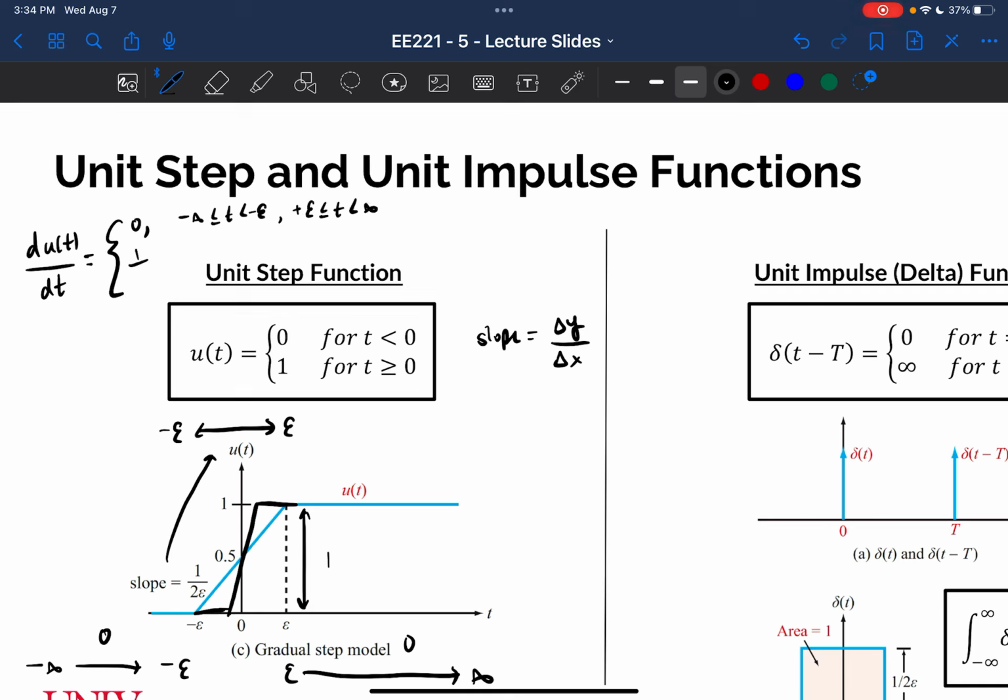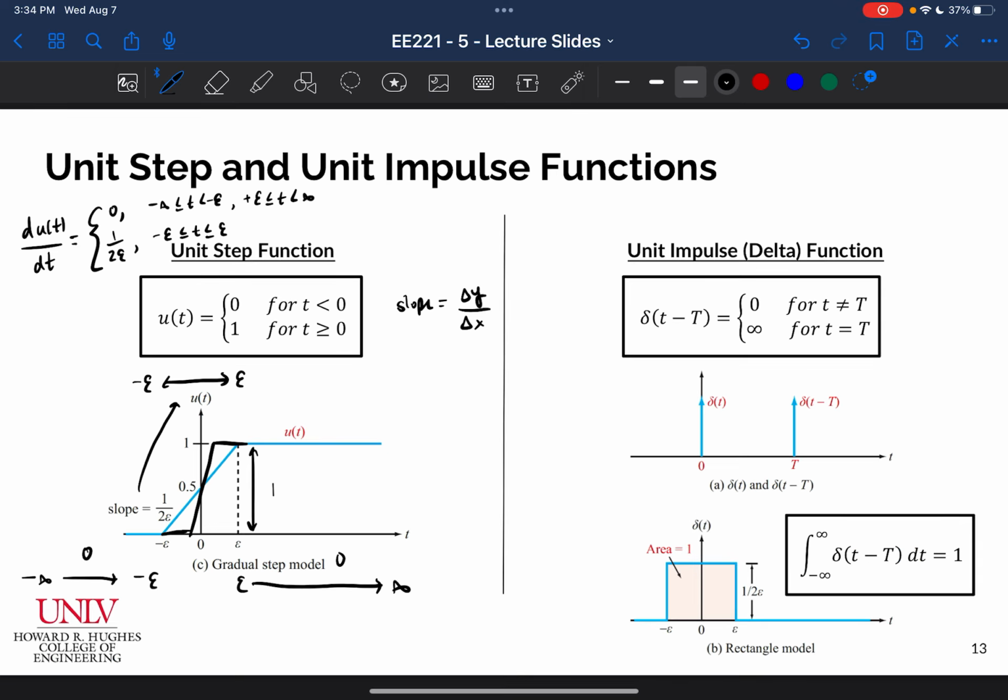And then it's going to be 1 over 2 epsilon from negative epsilon to epsilon. Well, what is this function right here? It's 0 from negative infinity up to negative epsilon. It's also 0 from epsilon out to infinity. And then it's 1 over 2 epsilon from negative epsilon to epsilon.